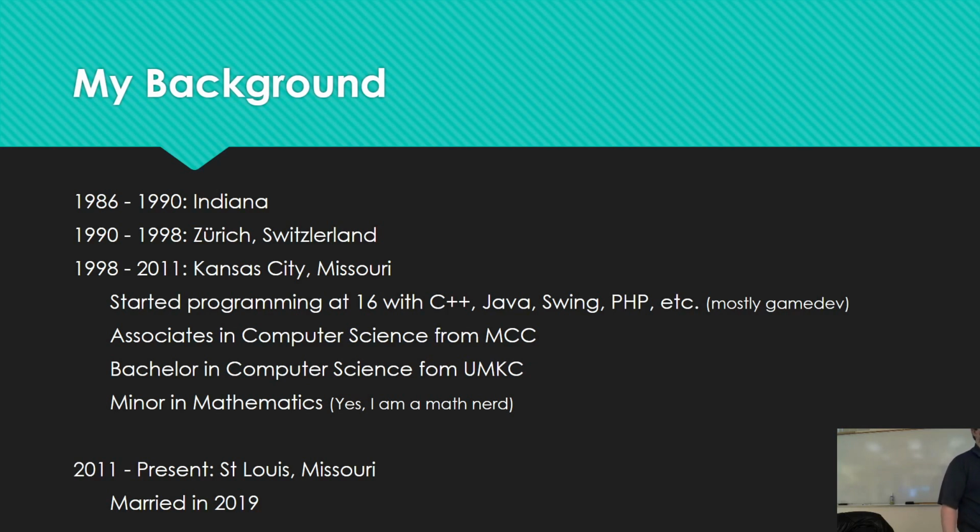From there, we moved to Kansas City, lived there until 2011 when I graduated and got a job out here. I started actually programming at 16 with some C++, some Java, some Swing in there, some PHP, learning all kinds of things, mostly because I wanted to make games, right? So that's kind of where my intro to the industry was.